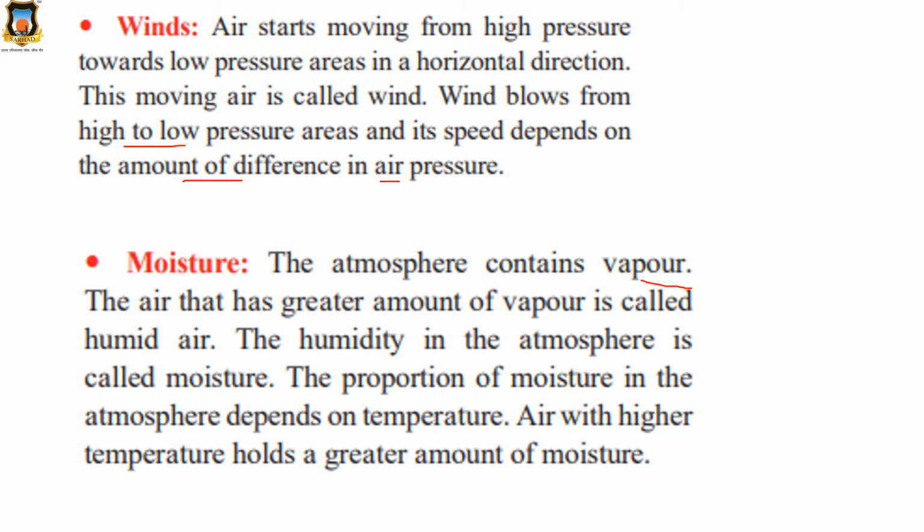It's not dry, it's not cold, it is humid. We feel very hot. Why? Because the amount of vapor is more in that. The humidity in the air is called moisture.